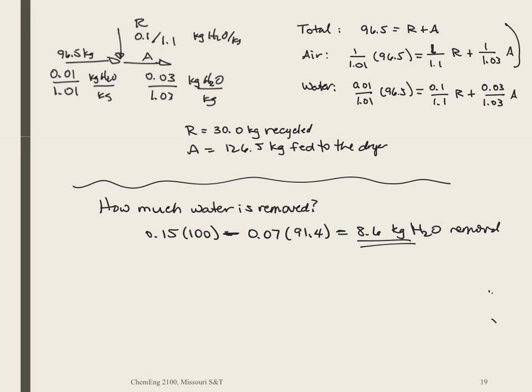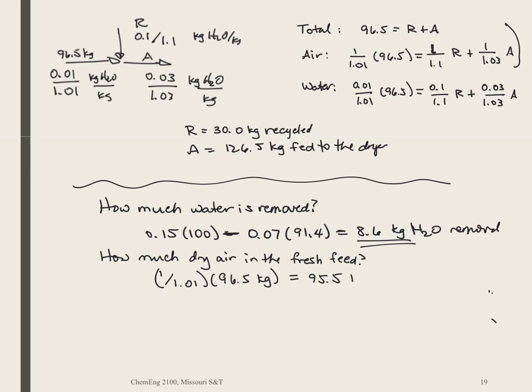They ask how much dry air in the fresh feed? Well, what's my mass fraction of air in the dry feed? It's 1 out of 1.01 times the flow rate, 96.5. And so therefore 95.5 kilograms of dry air are fed.